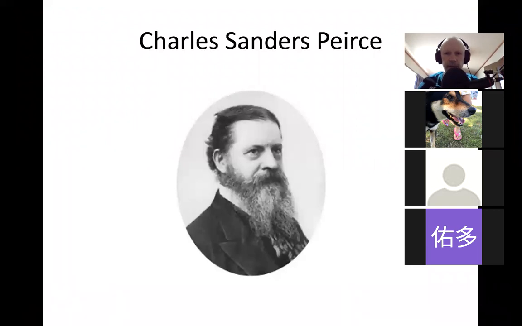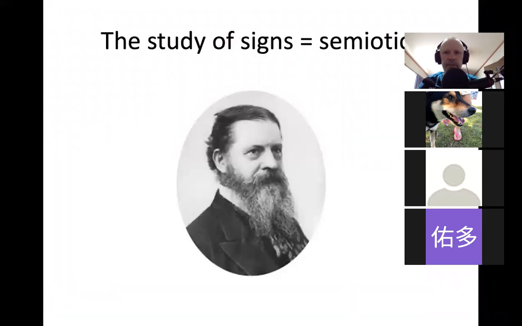So Charles Sanders Peirce, who is he? Well, he was basically interested in the study of signs, semiotics. He founded semiotics. He wasn't a linguist. He was a more general scientist, but he was interested in how we use signs to communicate, what we do with signs, and what kinds of signs we have.